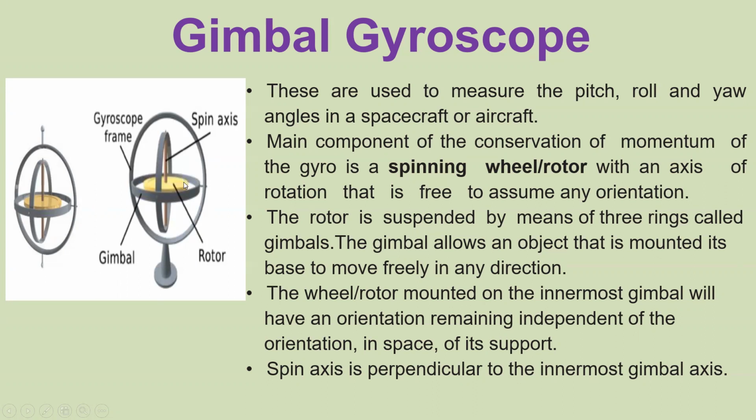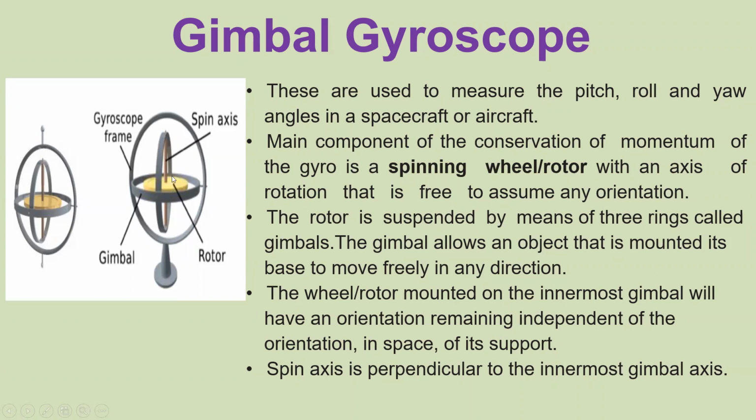This innermost one is a disc which is a rotor. It is rotating, and since this is a closed system, the principle of conservation of angular momentum must be preserved. That means if there are no external forces, the angular momentum must be conserved.